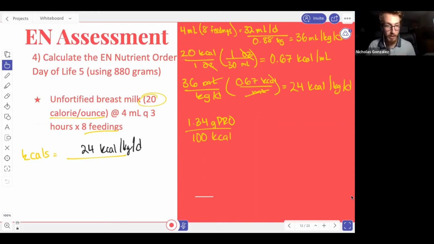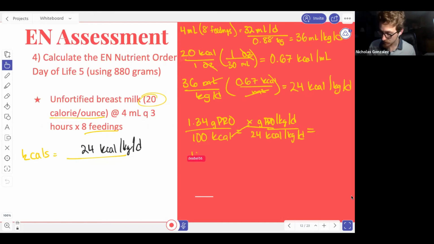Okay, so we're going to equate that to what we're missing, which is the grams of protein per kilogram per day, over what we just found to be 24 calories per kilogram per day. So we're going to cross multiply here.